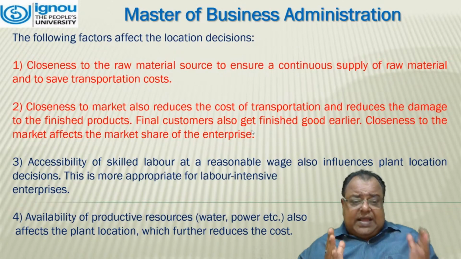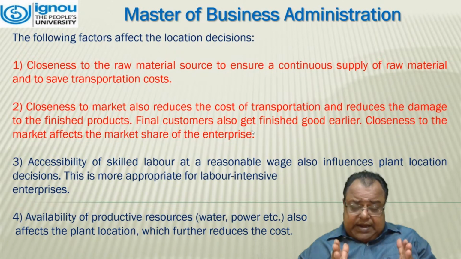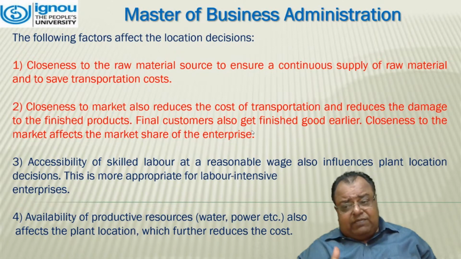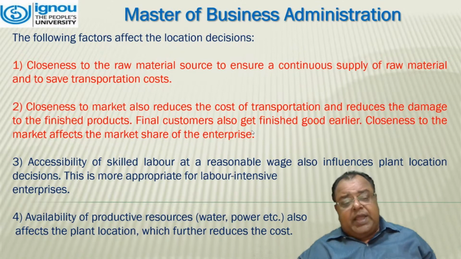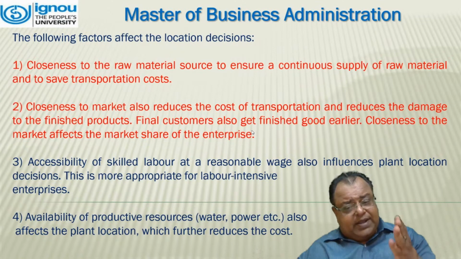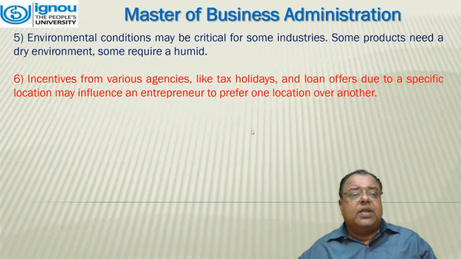Third one, accessibility of skilled labor at a reasonable wage also influences plant location decisions. This is more appropriate for labor-intensive enterprises. Fourthly, availability of productive resources, that is water, power, etc., also affects the plant location, which further reduces the cost.